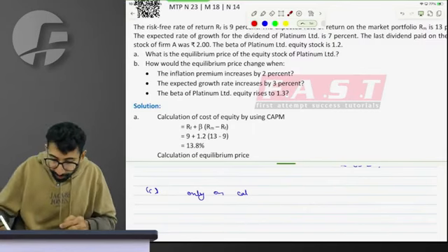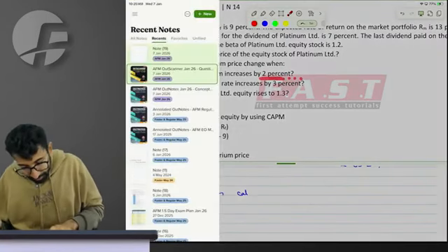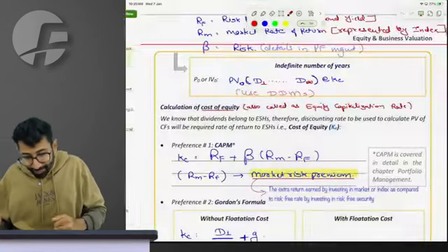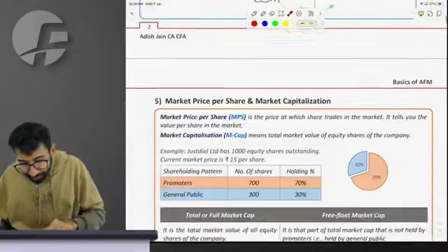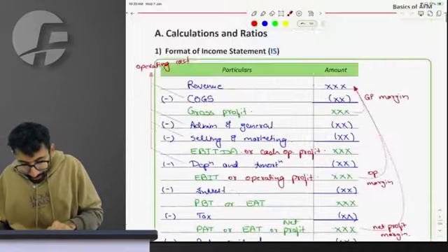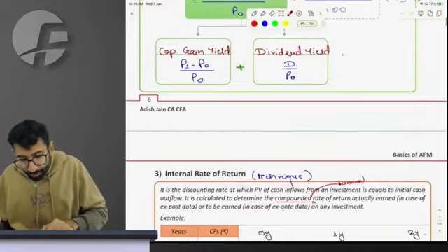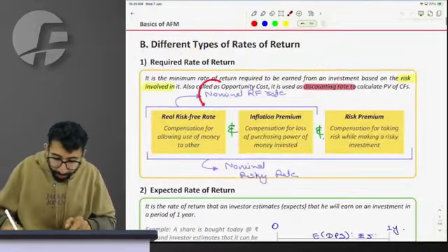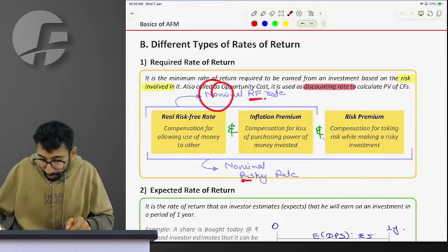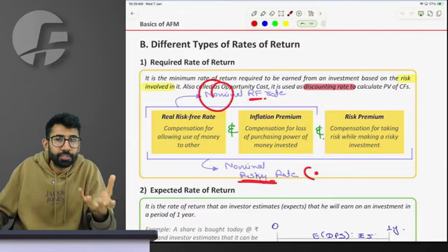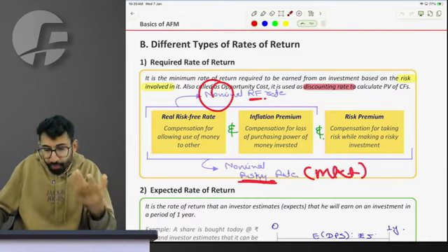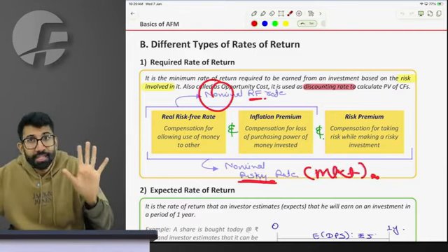First thing, inflation premium increases by 2%. So let's get to the basics. Do you agree? Any nominal rate which is given, whether it is risk-free or it is risky. Risky means any return from a risky asset. For example, market is also risky. Stock market, is it risky? Yes, sir.